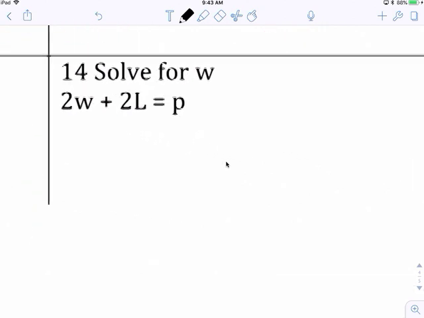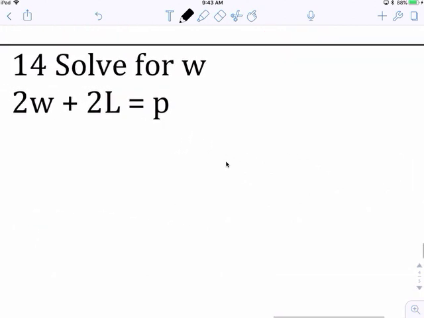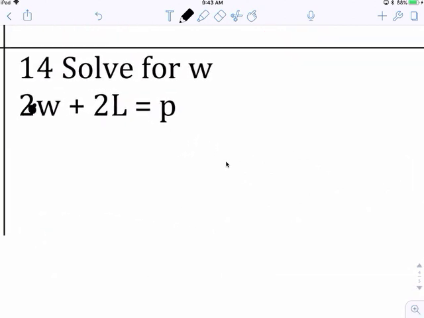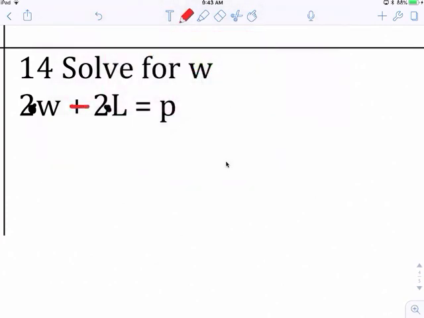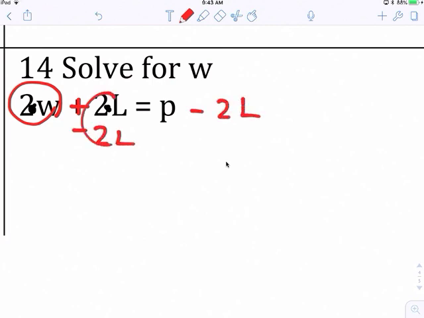It says to solve for W. Okay, that's times. It's a plus, so leave this one alone. Make that equal to 0, minus 2L. 2W equals P minus 2L.